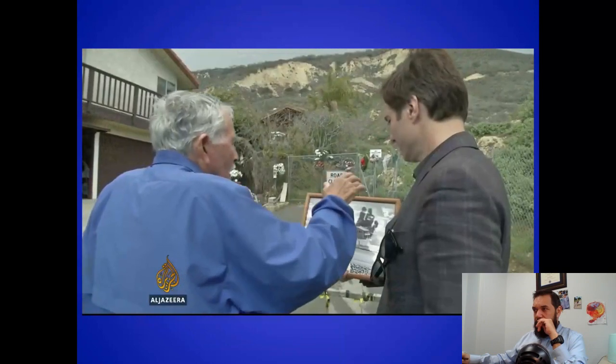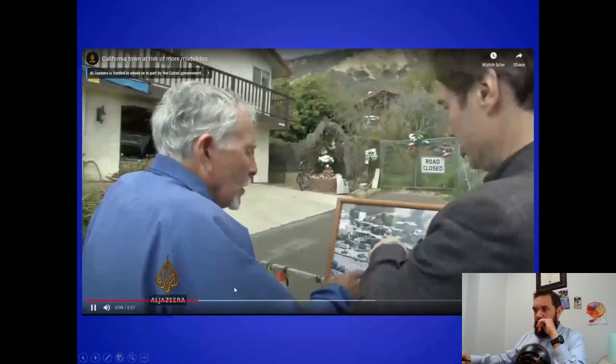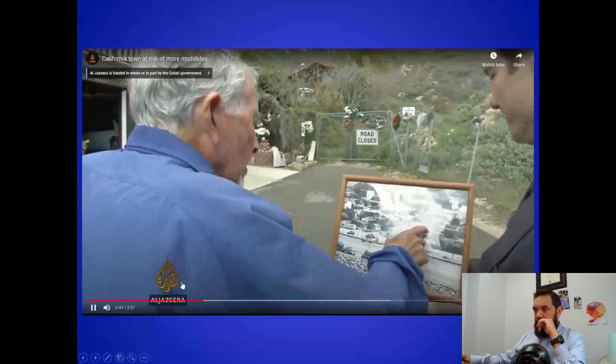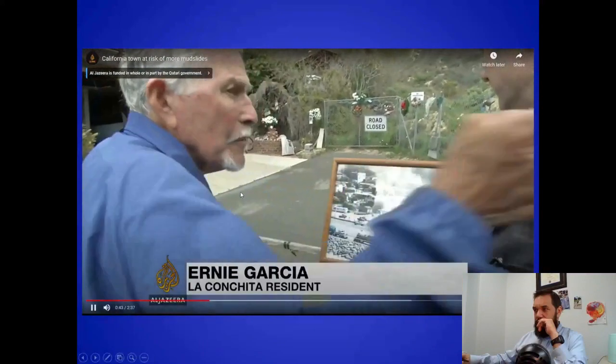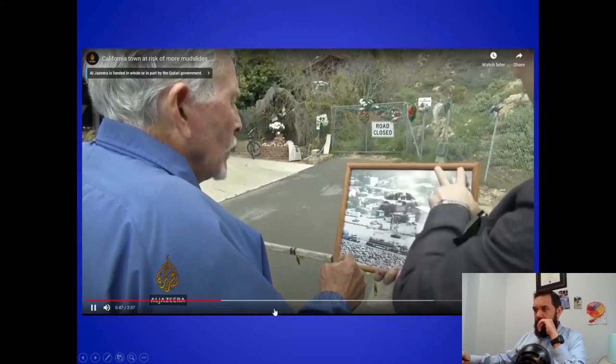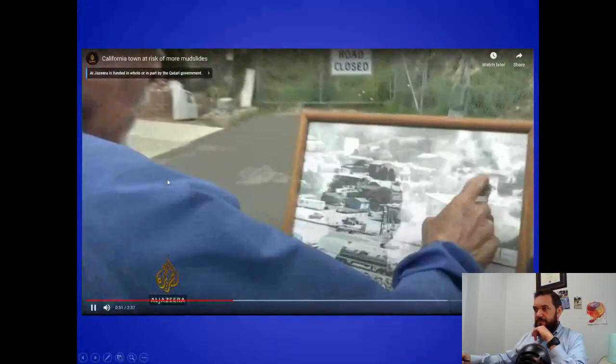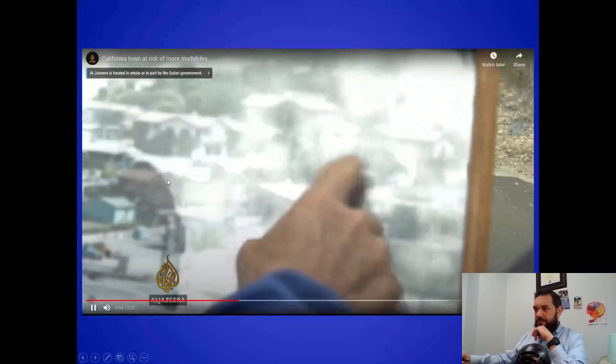The La Conchita slide stopped at Ernie Garcia's house. And that's your house? Yeah. Right there. And this one here, right across the street. So really that one is crushed here. These are gone. Yeah. These are gone. This one here, and this one here.